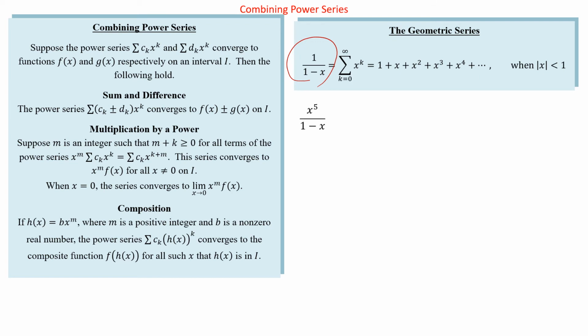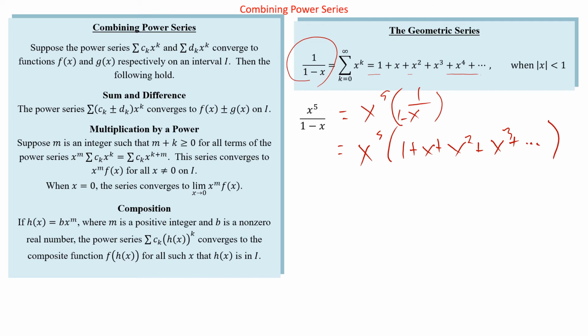So we want to find x to the fifth over 1 minus x, which we could write as x to the fifth times 1 over 1 minus x, which 1 over 1 minus x we can expand out in the geometric series. This is going to be x to the fifth times 1 plus x plus x squared plus x cubed plus dot dot dot.